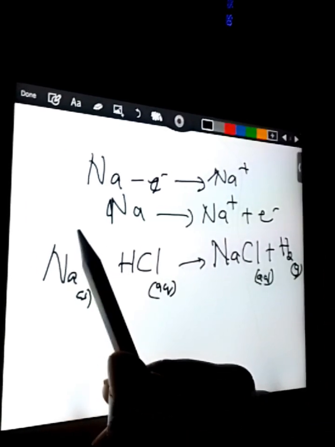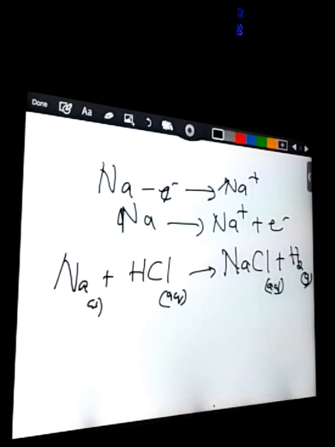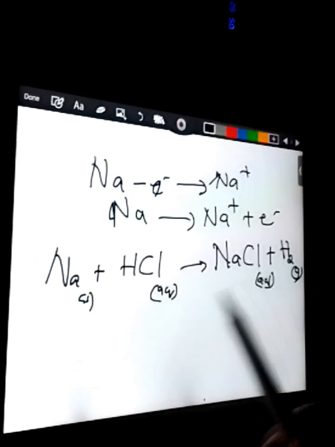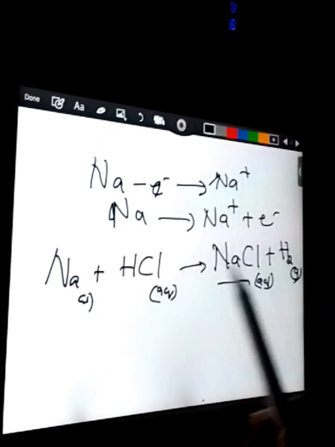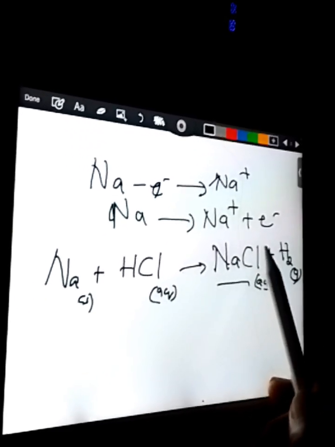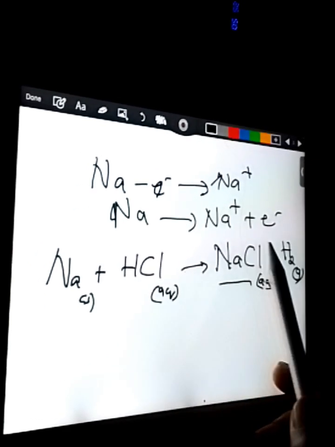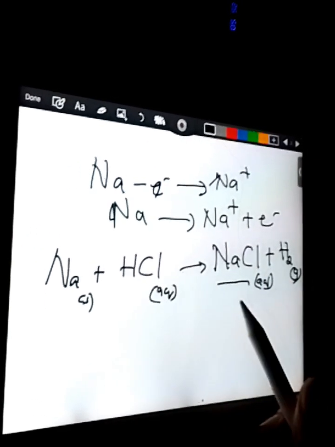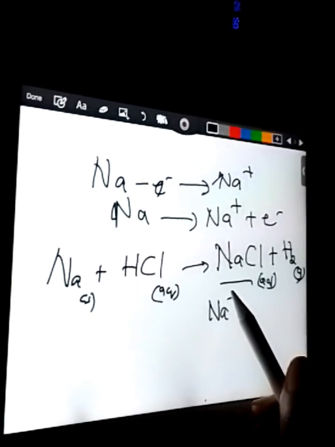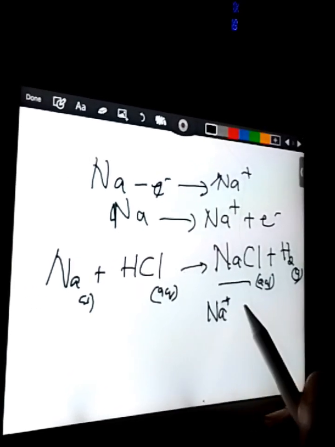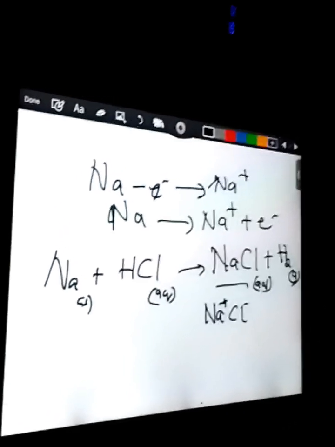Sodium here is 0. The oxidation state of an element in its uncombined state is 0. For sodium to form sodium chloride, it means that it has lost an electron to chlorine. Based on ionic bonding, sodium has lost an electron to chlorine. So that is why the state of sodium in sodium chloride is Na+, and chlorine is Cl-, because chlorine has gained an electron.